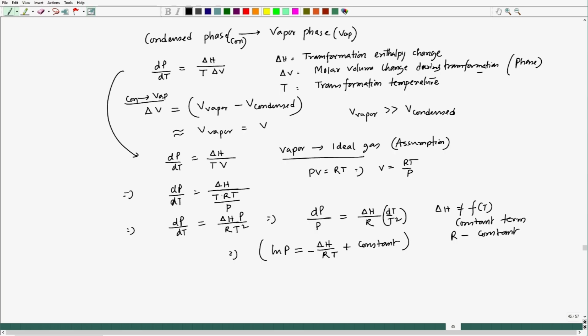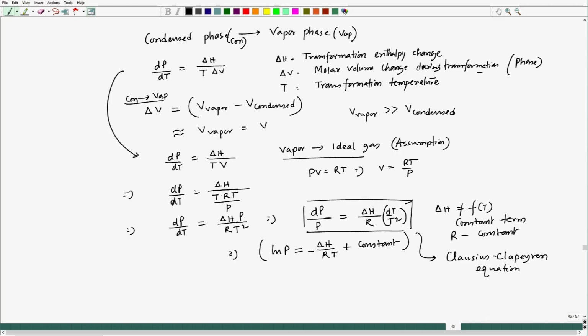Now, interestingly, this particular equation can be termed the Clausius-Clapeyron equation.